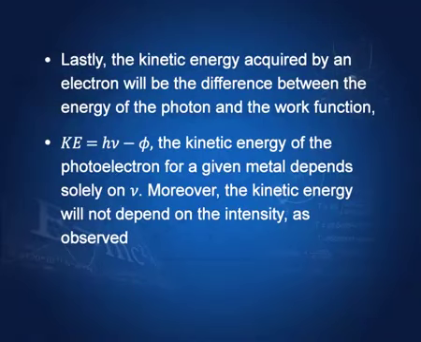And lastly, the kinetic energy acquired by an electron will be the difference between the energy of the photon and the work function. So, you can write kinetic energy equal to h nu minus phi. H nu is the energy of the photon, phi is the energy needed for the electron to come to the surface, and therefore, the difference goes into the kinetic energy of the photoelectrons.